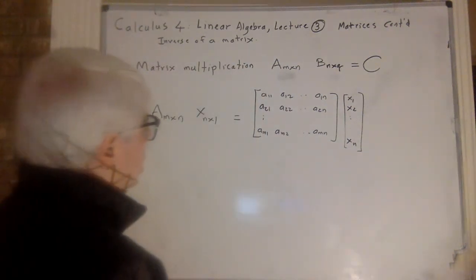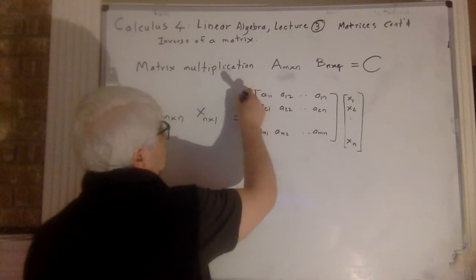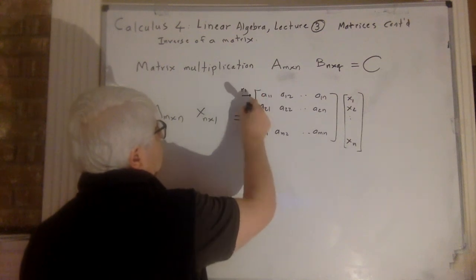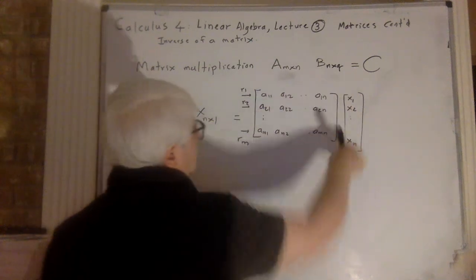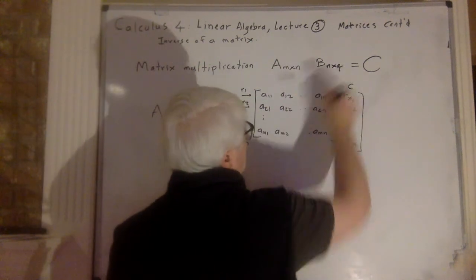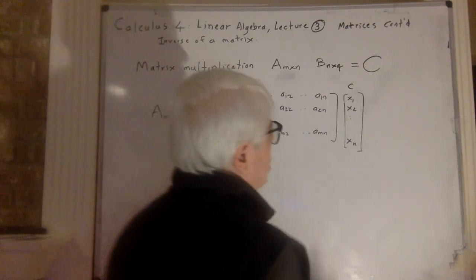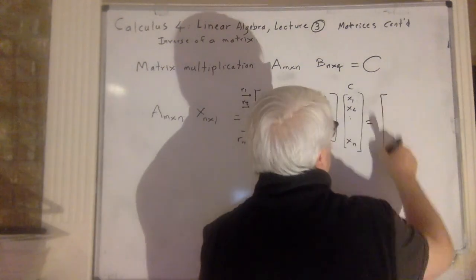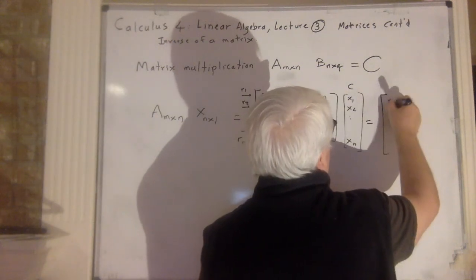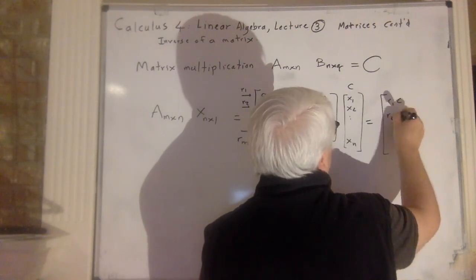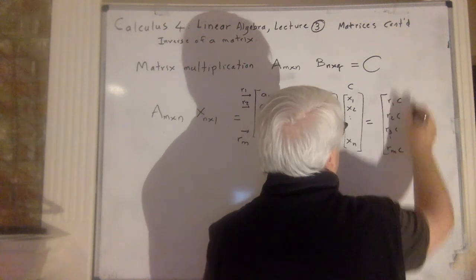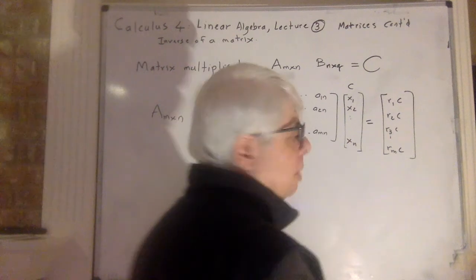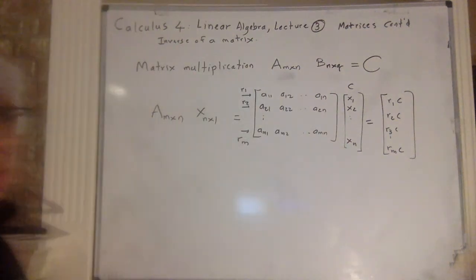So it is row 1, row 2 up to row m. Row 1 times, there's just one column, right? So this looks like R1C, R2C, R3C up to RmC.